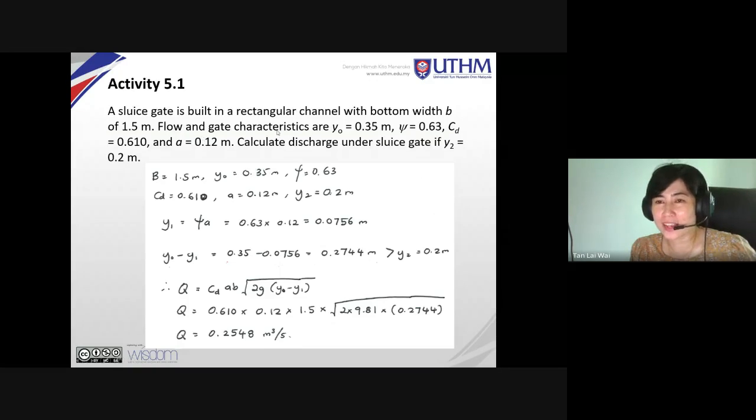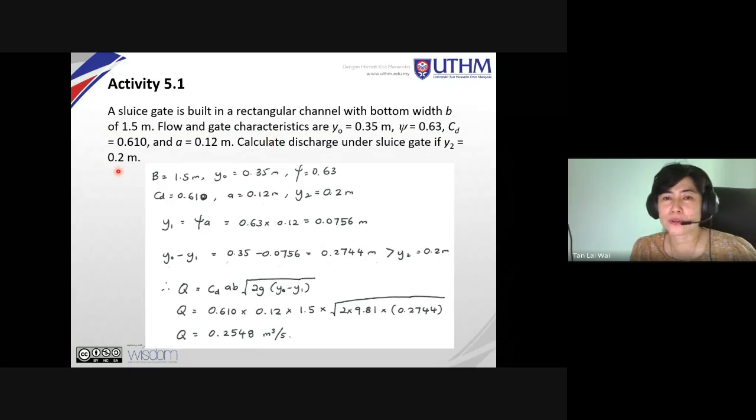The flow and gate characteristics: y0, which is the depth behind the sluice gate, is 0.35 meter. The coefficient of discharge is 0.61, and the height of the gate opening is 0.12 meter, which of course should be smaller than 0.35. Find the discharge under the sluice gate if y2 equals 0.2 meter.